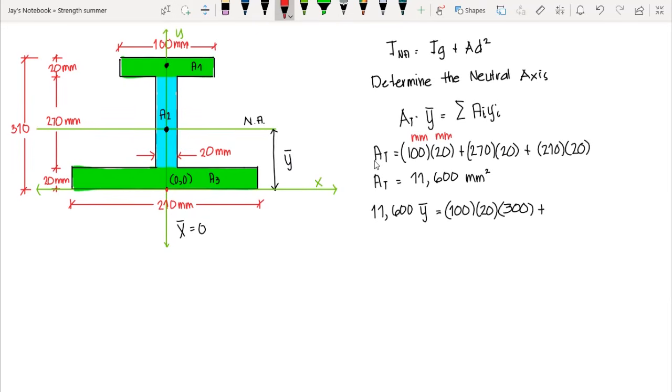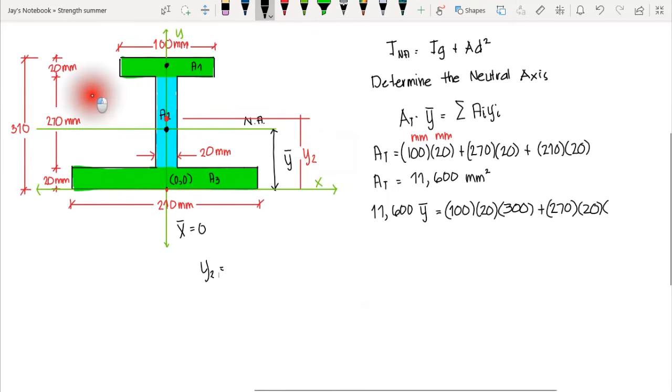Then plus our area 2, that is the area of the web, that is 270 times the thickness, that is 20 mm. Now the centroid, let's say that's y2. Now our y2 here, the centroid of our web, is equal to, now we know that this one is 270.